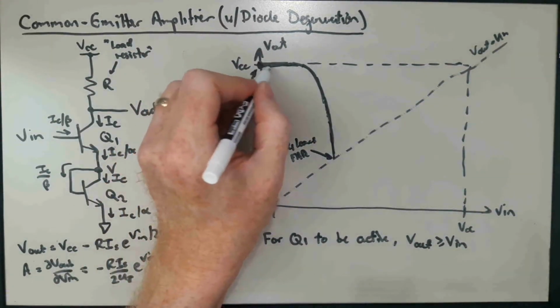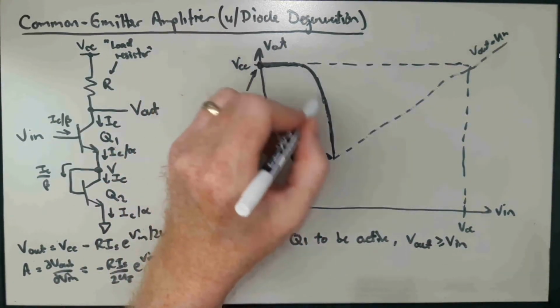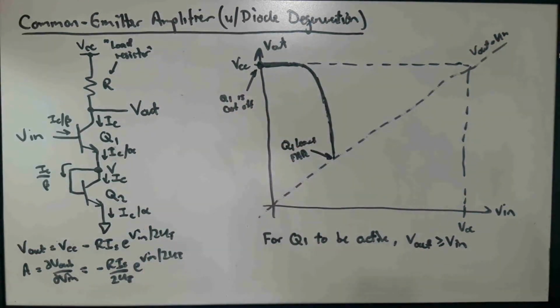Q1 is in the forward active mode all through this part of the curve. And then we have to think about where does Q1 leave the soft saturation region.